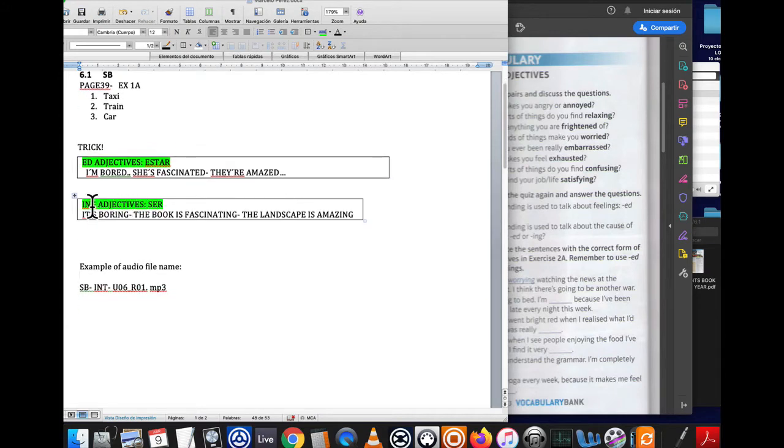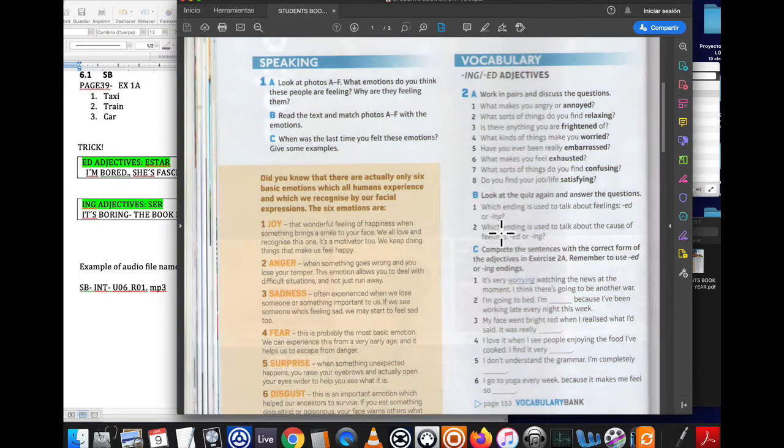And when the adjectives end in ing, it's in Spanish ser. Algo es. For example, it's boring. I'm bored. The book is fascinating. El libro es fascinante. She is fascinated. The landscape is amazing. They are amazed. ¿Sí? El paisaje es sorprendente. Ellos están sorprendidos. Eso es más o menos la mecánica. That is the mechanics, yes?